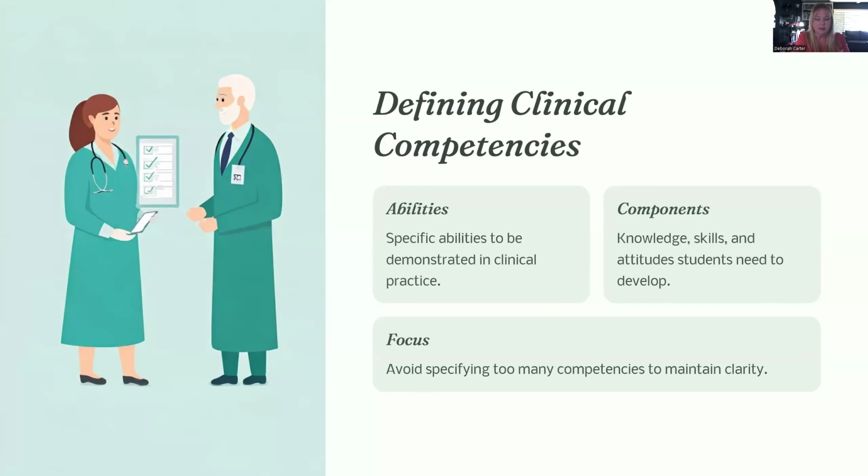Were they culturally sensitive? And then cognitive: did they know their material? Were they able to go from theory to application? Could they prioritize patient care? Things like that. So make sure you're assessing all the domains when you're assessing in clinical, not just one.